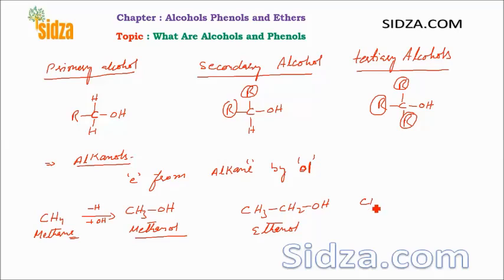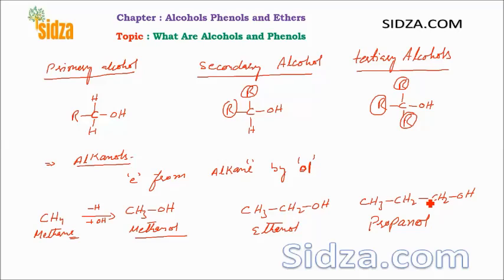Similarly here it will be CH3CH2CH2OH, and here it will be called propanol, right? Propane, actually the parent hydrocarbon is propane, but we will replace this E by the OL, so it will be propanol.